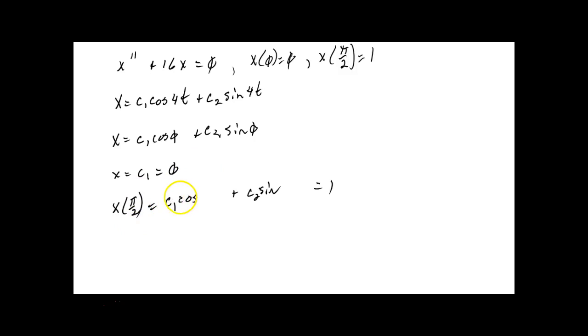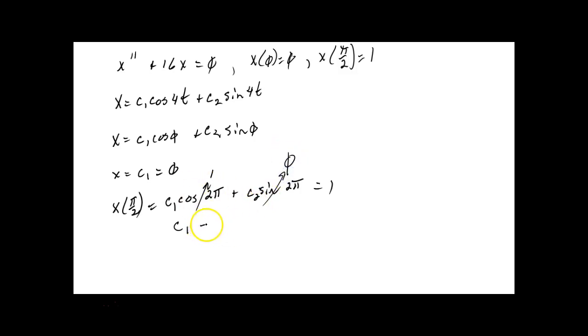This is C1 cosine, and what is 4 times pi halves? 2 pi, plus C2 sine 2 pi, and we want that to be equal to 1. What is cosine 2 pi? That's 1. So this will be a C1. Sine of 2 pi? 0.